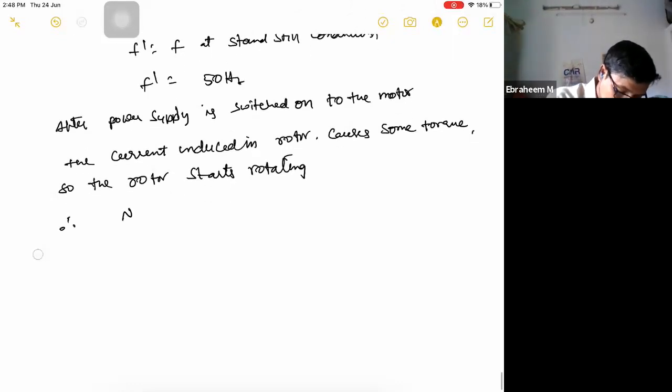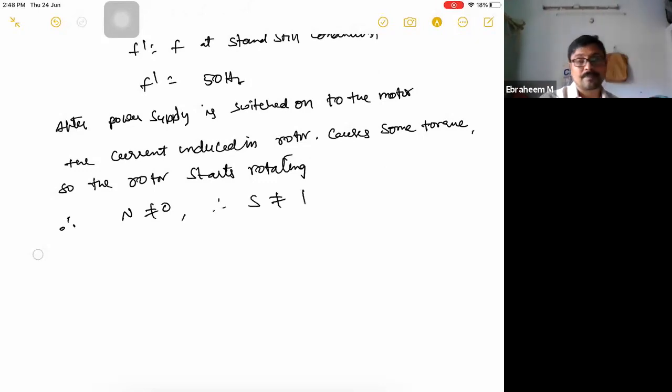Therefore, n is no more equal to 0, and therefore slip is not equal to 1, but slip is less than 1.